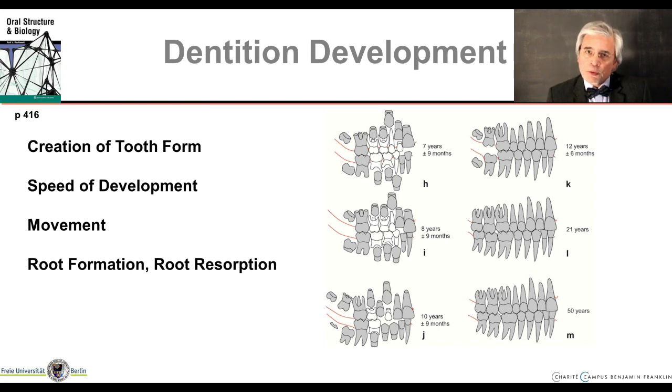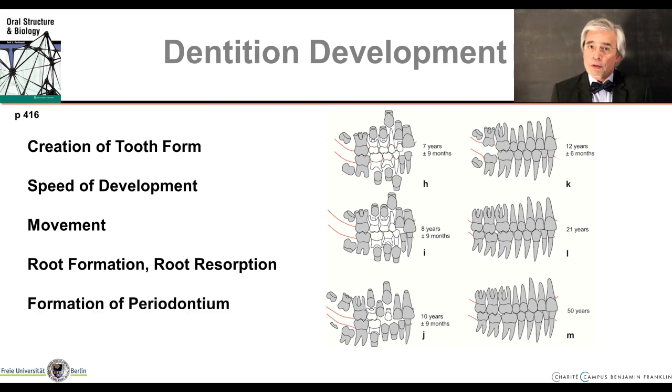And during root formation, the tooth-supporting tissue is also formed at the same time. And when the teeth just erupt through the gingiva, their roots are still not fully formed. You know, the last third of the root is still forming as the teeth reach the occlusal plane.